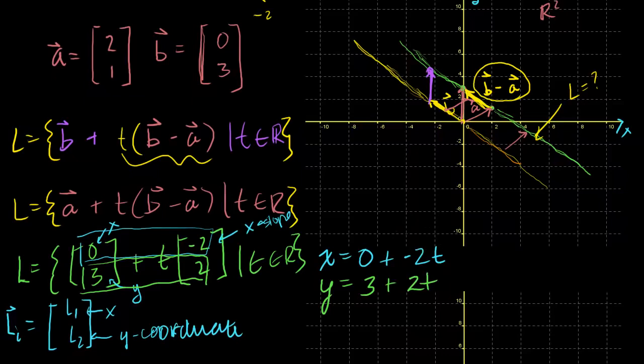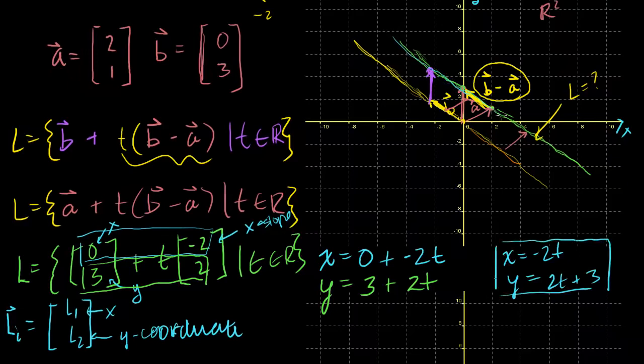So we could have rewritten that first equation as just x is equal to minus 2t, and y is equal to 2t plus 3. If you watch the videos on parametric equations, this is just a traditional parametric definition of this line right there.